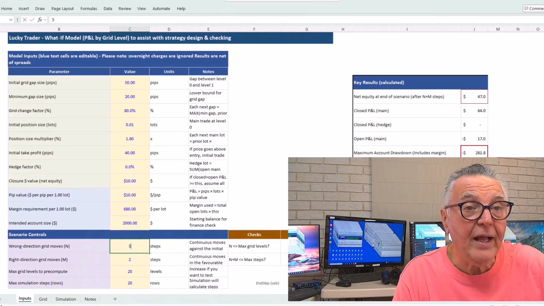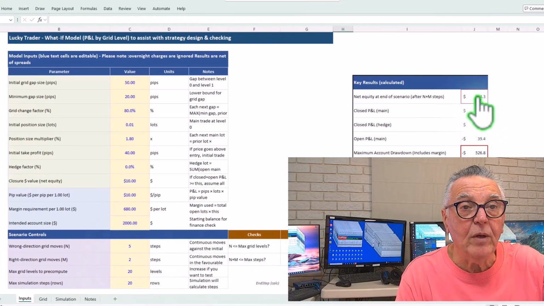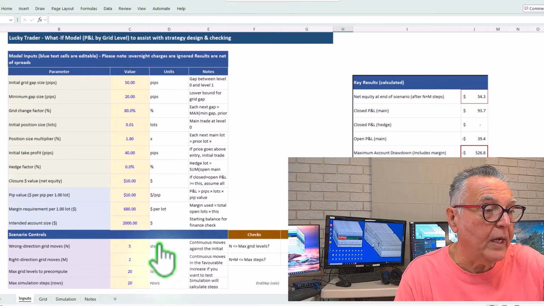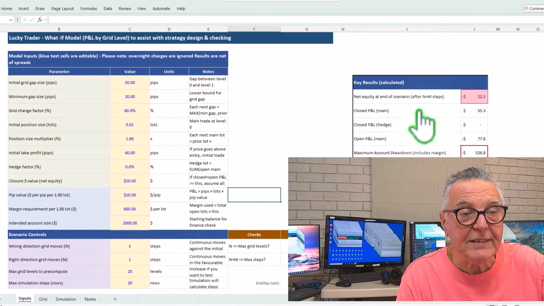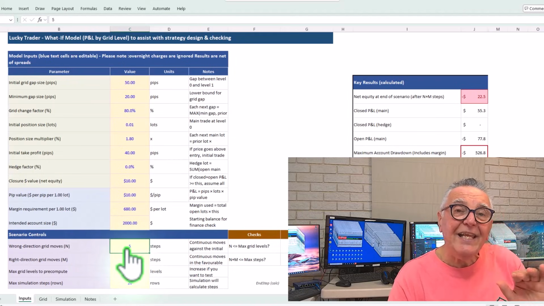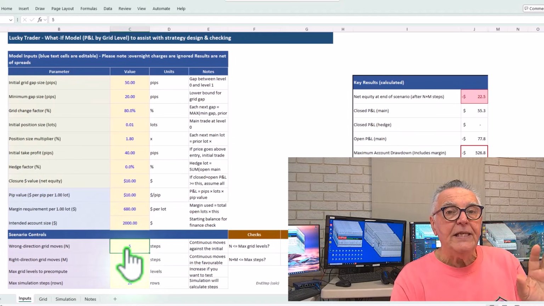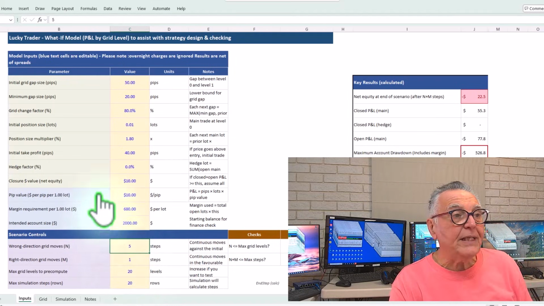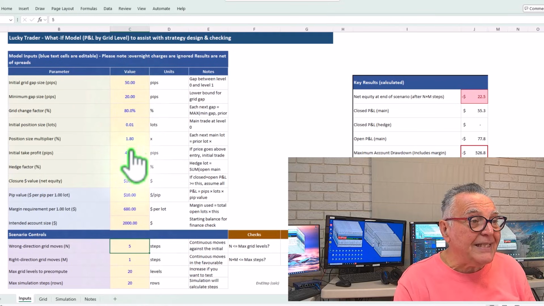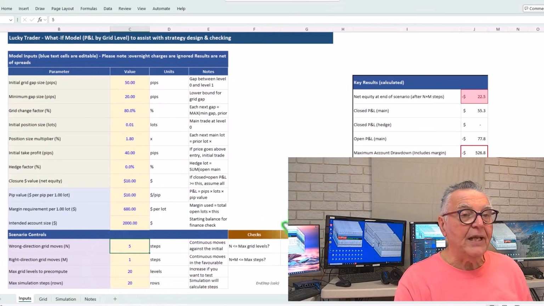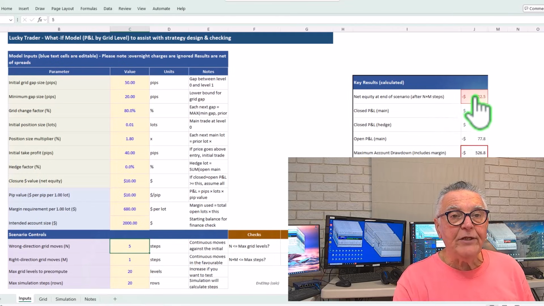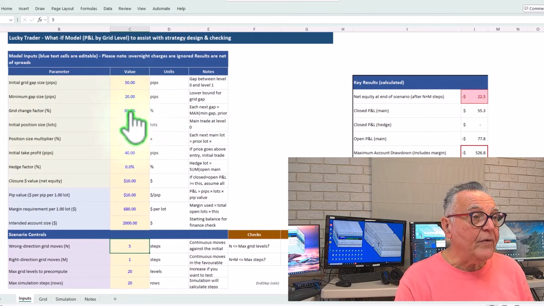If we did 5, let's have a look. Profitable. There's the drawdown. What if we only had 1 retracement on 5? That's still negative. So it starts telling you how the EA works in relation to those settings that you've put in here. So what you can do now is say, oh, how can I make that minus 22 profitable? So you can start playing around here.